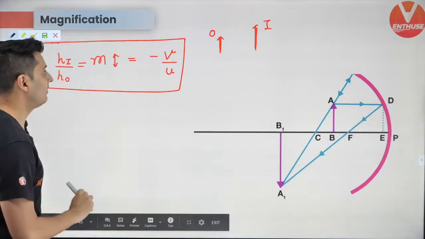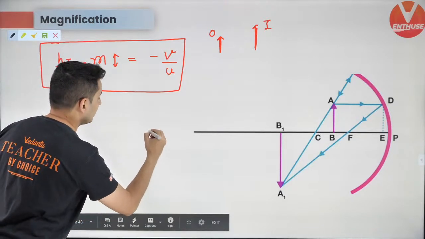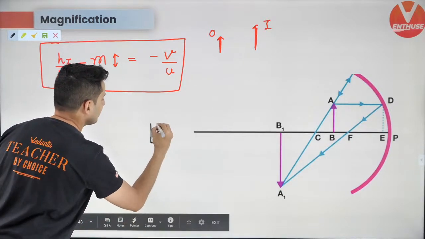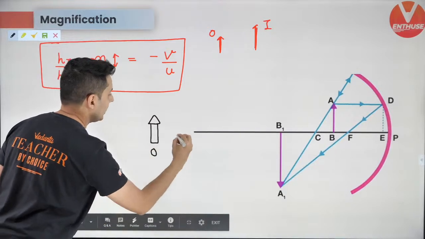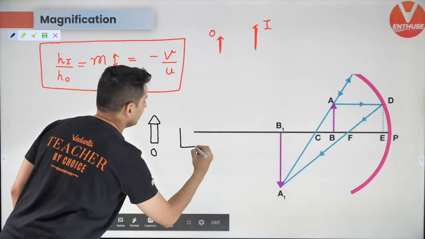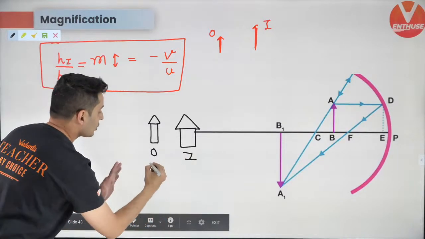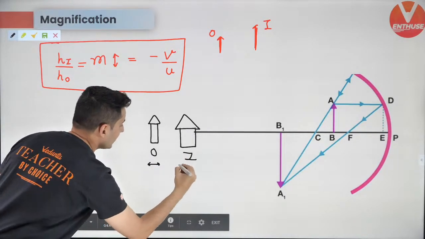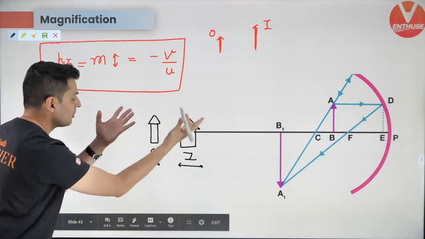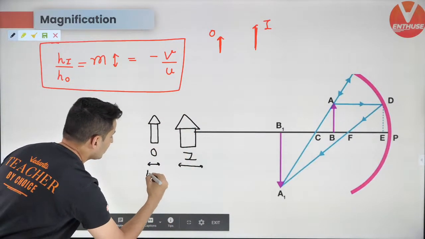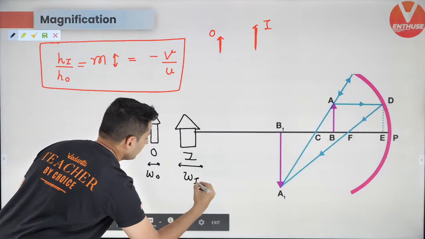There is another magnification which can happen. So imagine if this is your object, and imagine the image is slightly wider. So this is the image. So the image width and object width has changed. Maybe the height also has changed. So this is the width of the object, this is the width of the image.